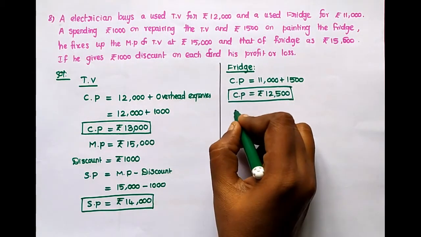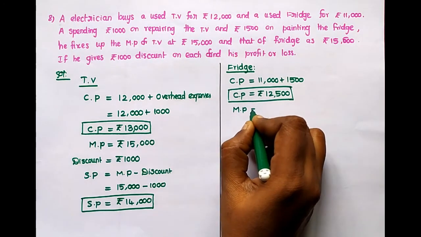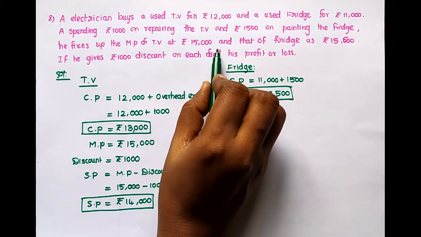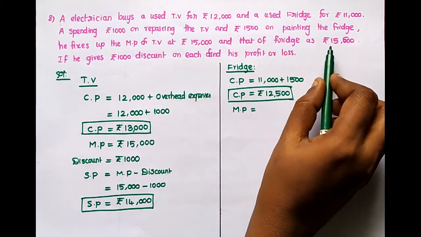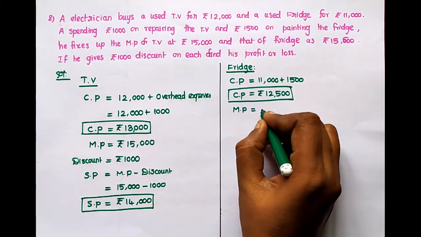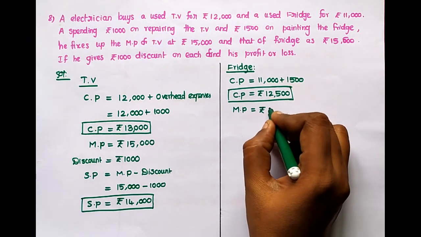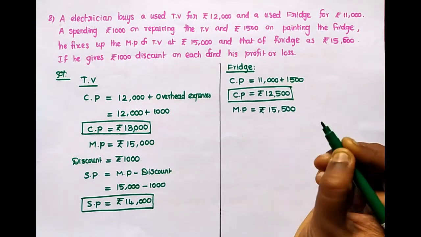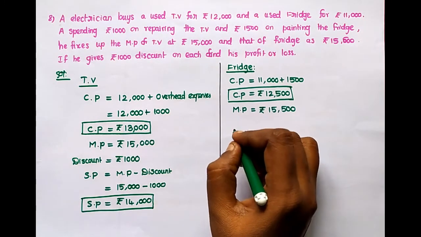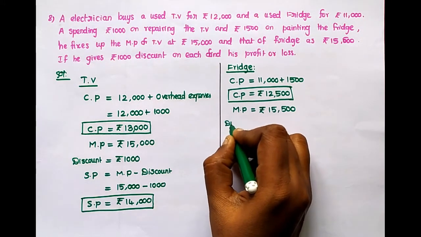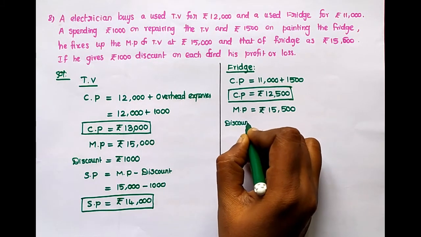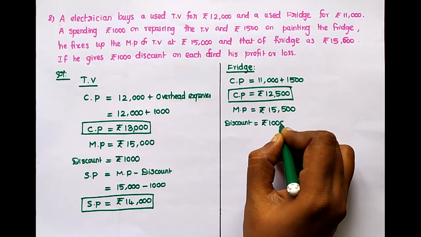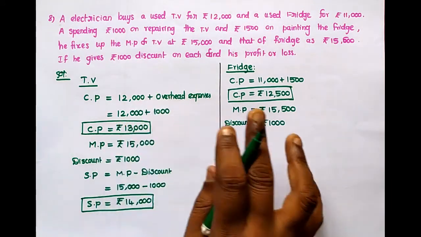And here mark price equal to fixes TV for 15,000 and fridge as 15,500. So mark price of fridge is 15,500. Now discount equal to rupees 1,000. So discount rupees 1,000.